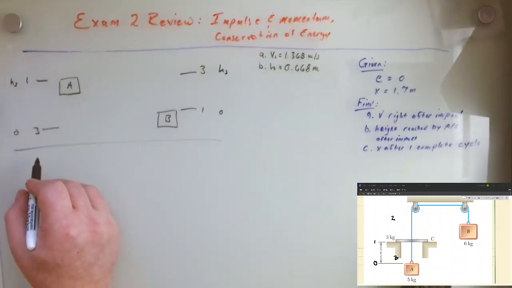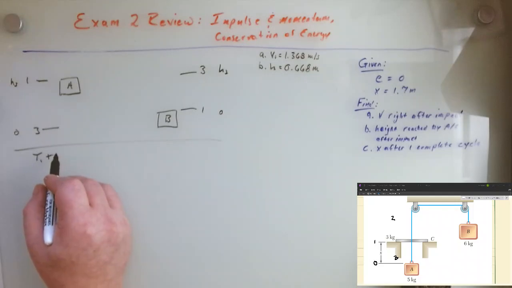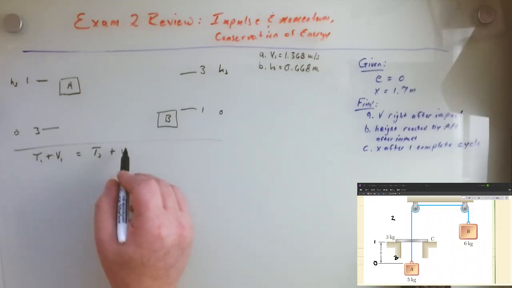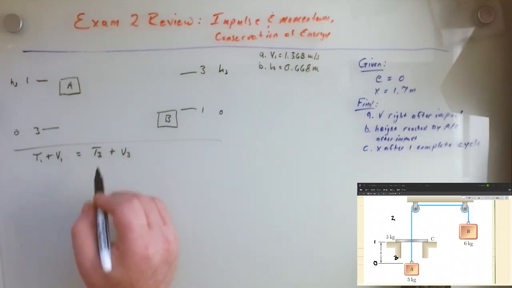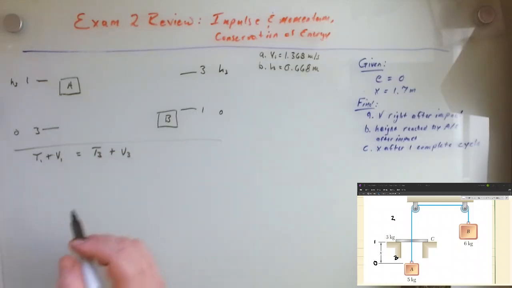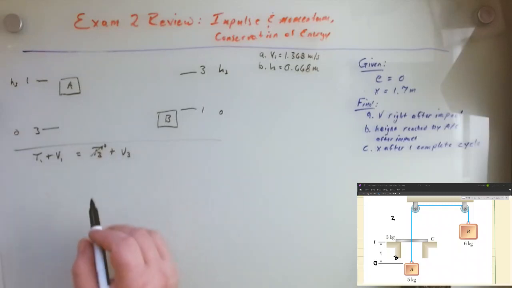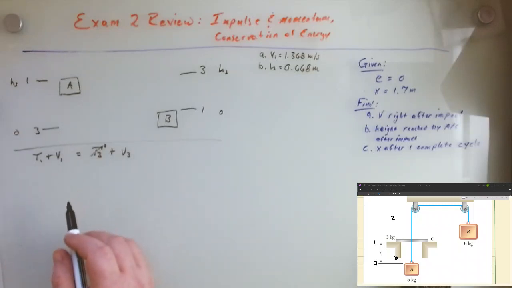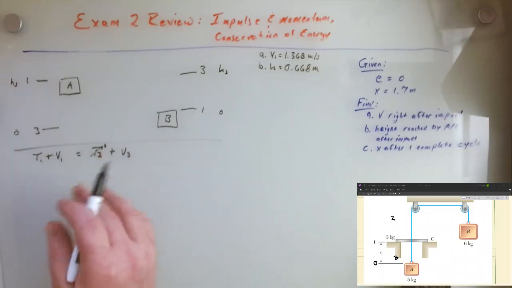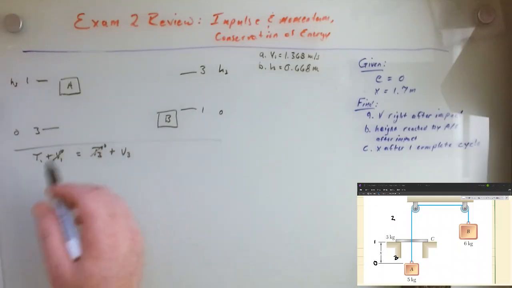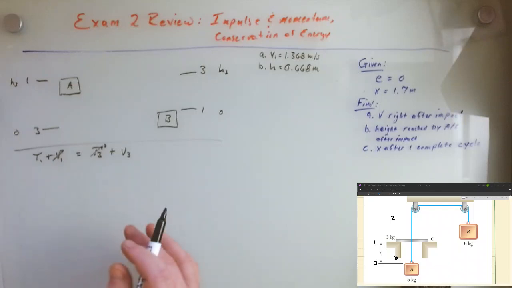Okay, and so T1 plus V1 equals T3 plus V3. Okay, and we are going to the point where we stop. So go 0, and again, I'm going to go back to shortcutting the potential energy due to gravity.